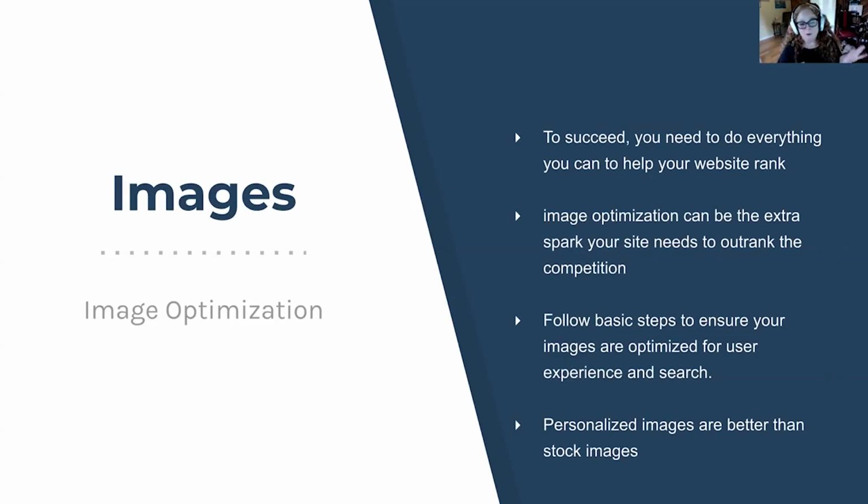So, most important image is at the top. It's probably a personalized image, it's not necessarily a stock image, right? And so we're going to go through all the different parts and steps to ensure that you've optimized an image. And as I said, personalized images are much better than stock images, although useful, good to edit and manipulate them and make them your own.